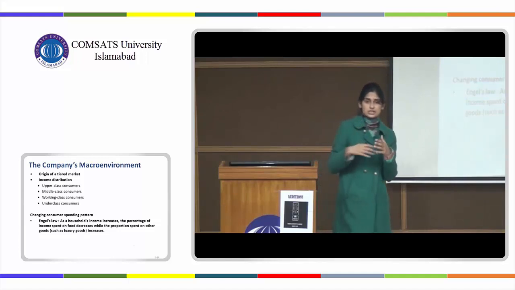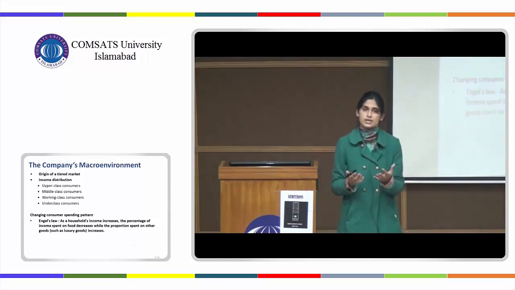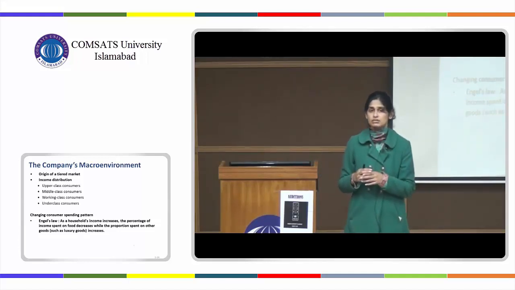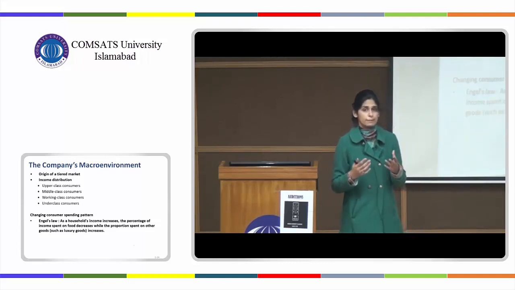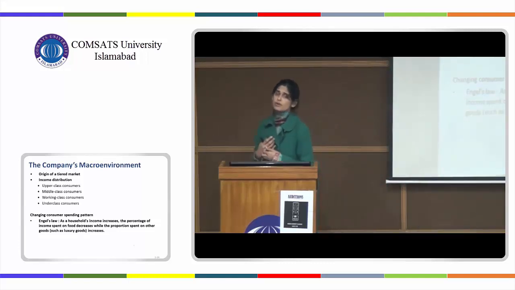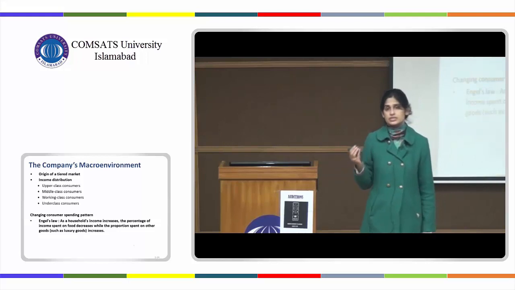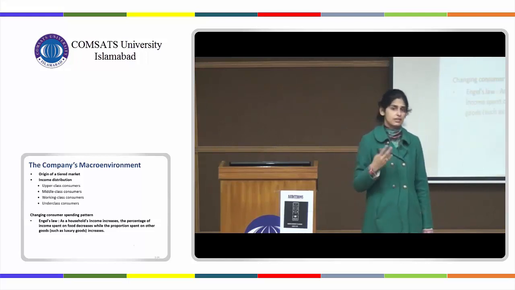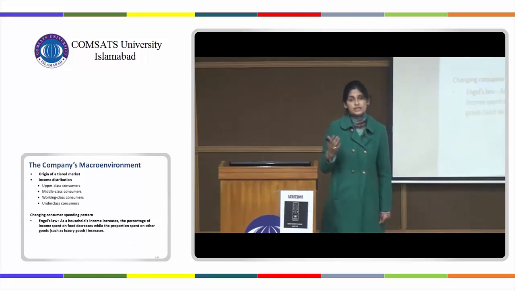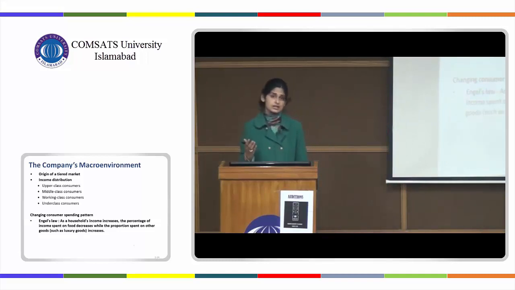If you're creating a very inexpensive product, that would be maybe for the underclass or maybe for the working class, right? So depending upon the quality of your product and how it is priced, you select the income distribution strata that you would want to capture, right?